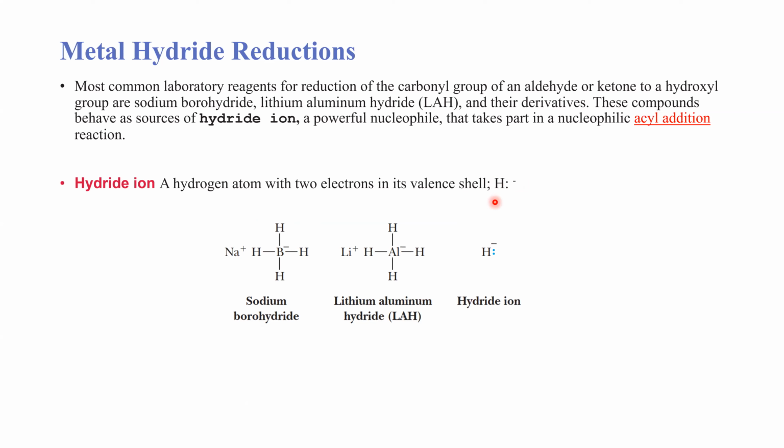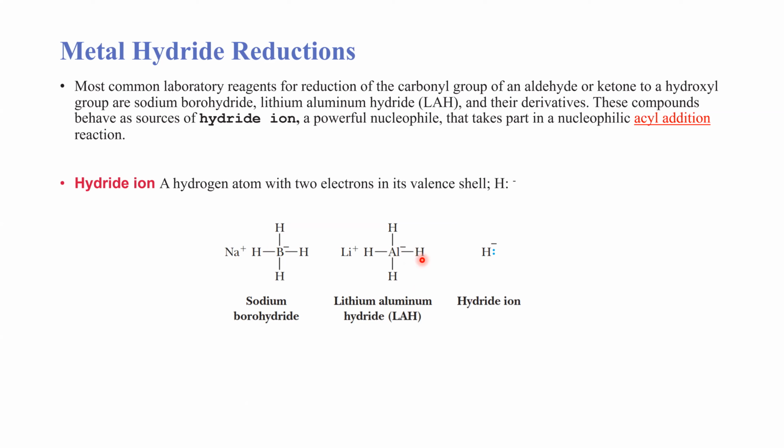So lithium aluminium hydride and sodium borohydride, the metal hydrides we are talking about, are basically a rich source of these hydride ions, because the elements in the center are electropositive elements.